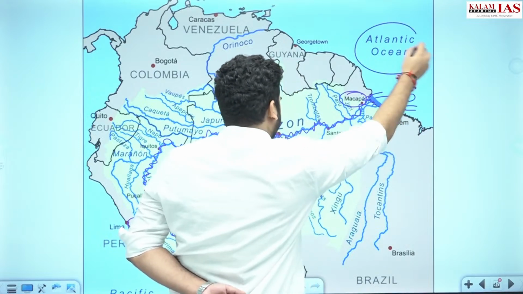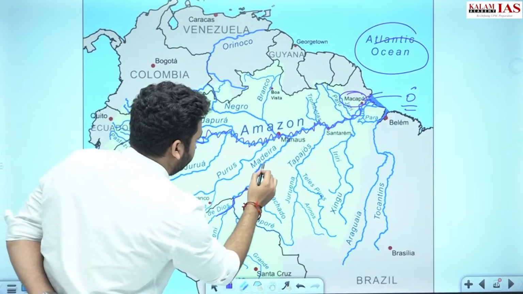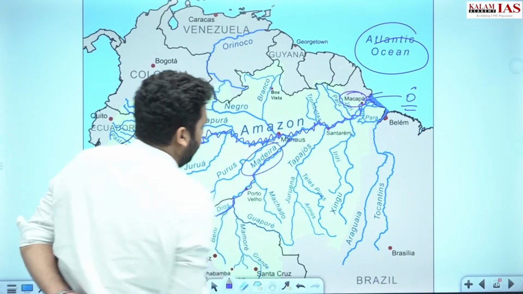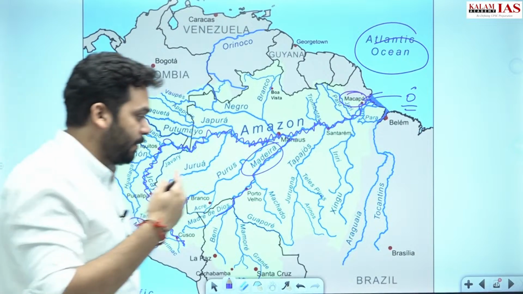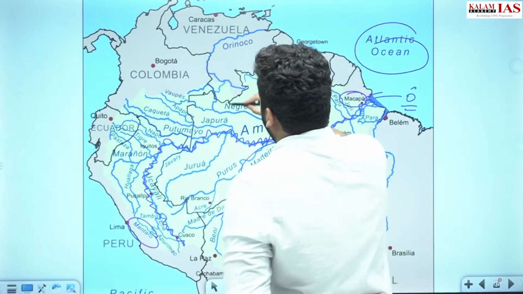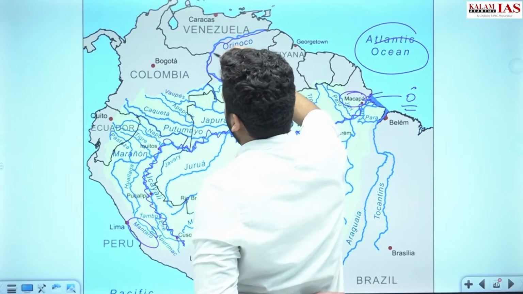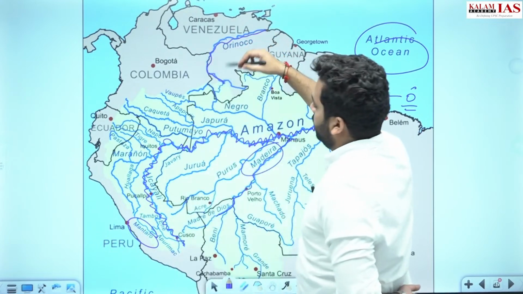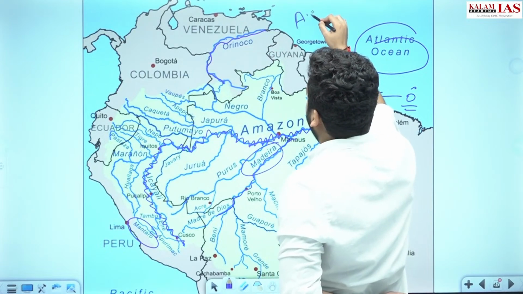This is the Atlantic Ocean. This is River Madeira, which is the largest tributary. Now the second river which you have to study is River Orinoco in Venezuela. So River Amazon and River Orinoco drain into the Atlantic Ocean.